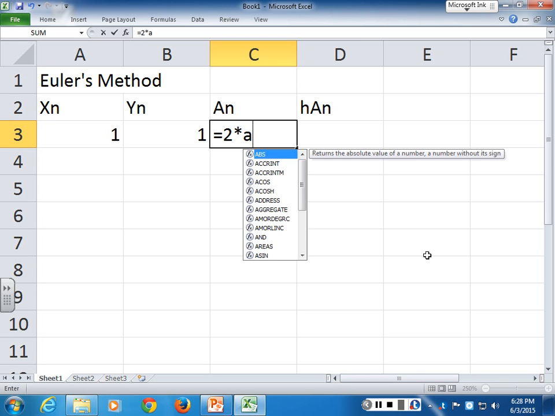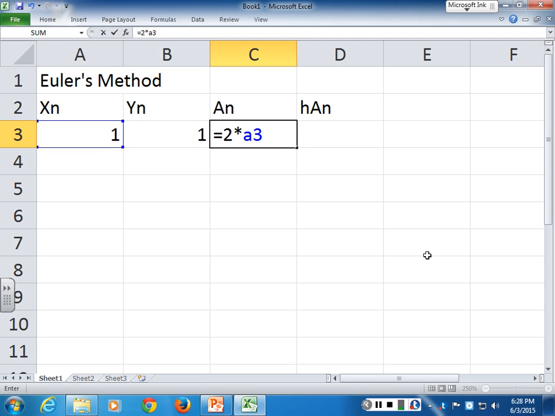Good job. 2 times A3 times what? Your y. What was y in this problem? B3. And then just hit enter, and it calculates it for you. That's 2 times x times y. Everybody good with that? Okay.